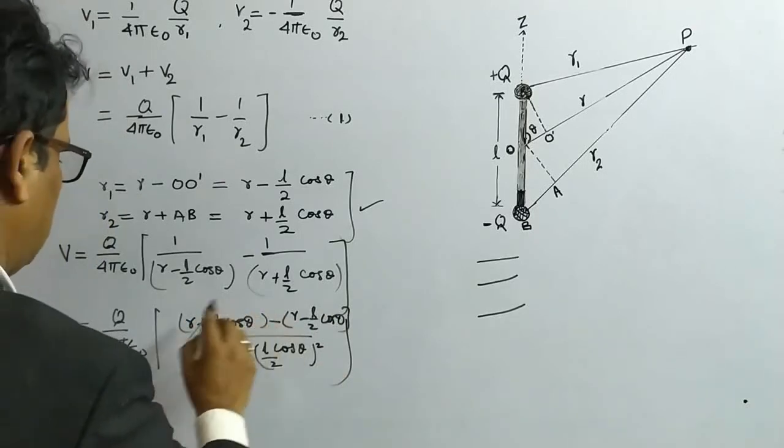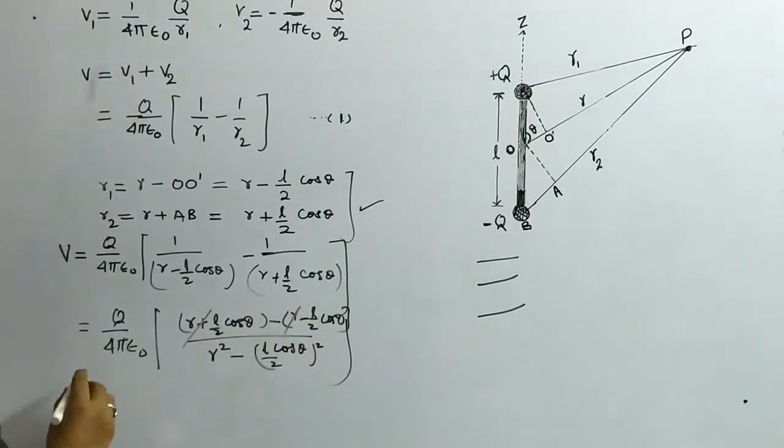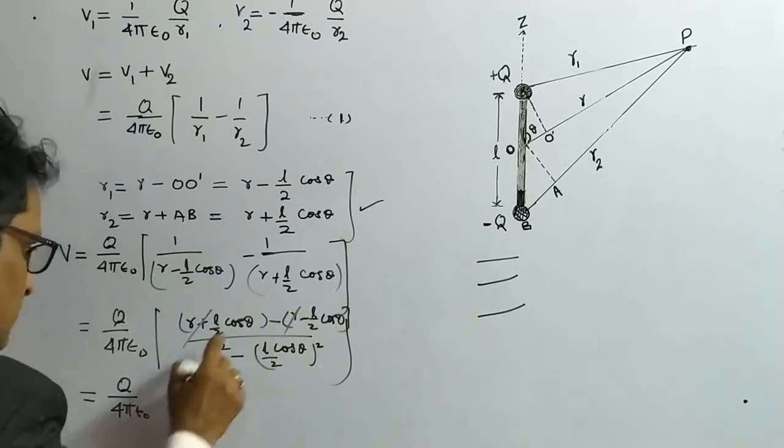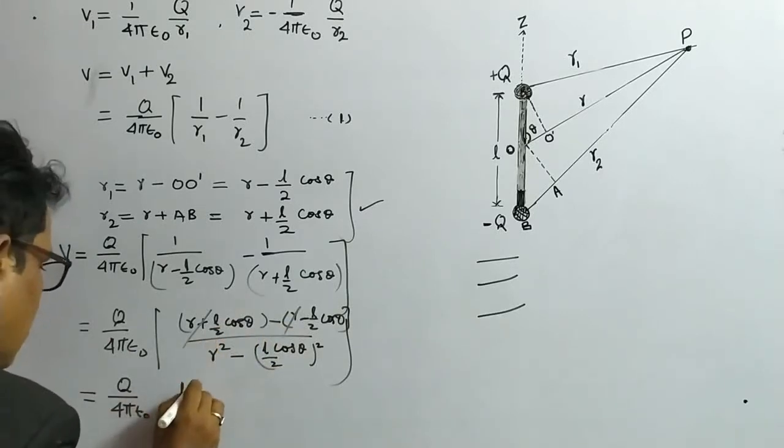So r gets cancelled with r. So I will be left with q over 4 pi epsilon naught, L cos theta upon the denominator.